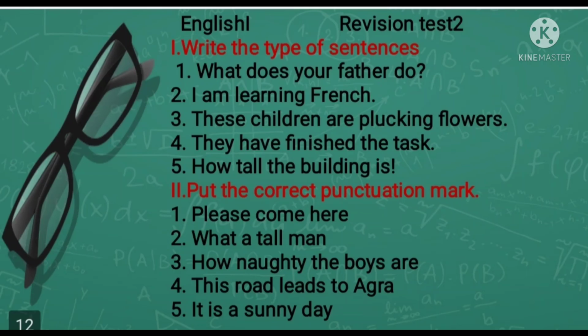Second one is, put the correct punctuation mark. In the second question, children, you have to see what type of sentence this is and then use the correct punctuation mark according to the type of sentence. First one is, please come here.